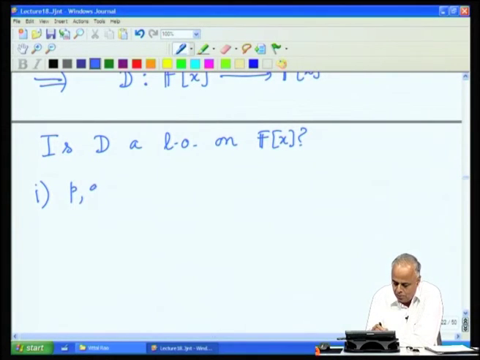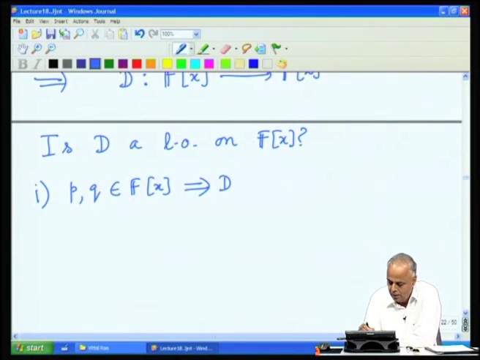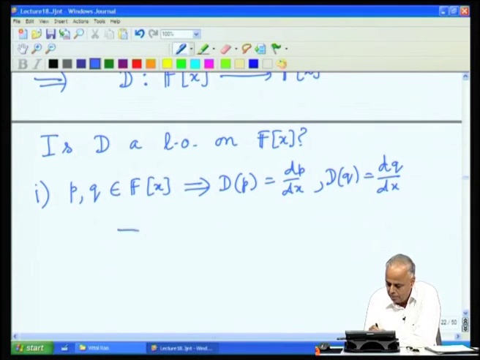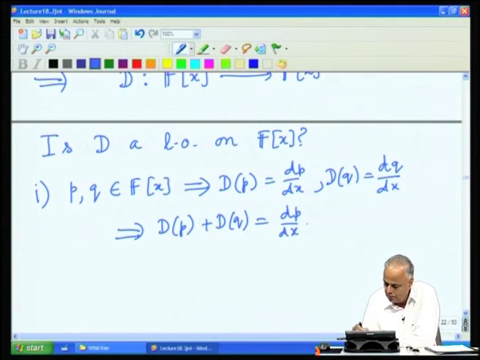Let p and q be in F[x]. By definition, D of p is dp/dx and D of q is dq/dx. That means D of p plus D of q is dp/dx plus dq/dx.